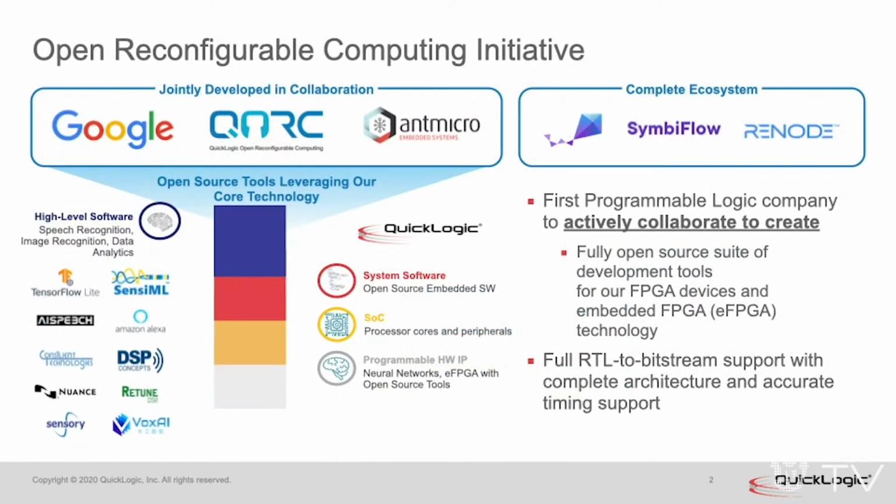What we announced earlier this year was an open reconfigurable computing initiative called CORE. And through a deep collaboration, in fact, with Google and Antmicro, we have now contributed some of the architecture information on our embedded FPGA and our microcontrollers so that they can be very well supported in the existing open source tool chains commonly used today in embedded systems.